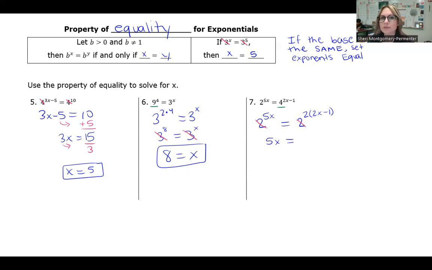And you know what I'm going to do as I rewrite the second one? I'm going to go ahead and distribute this in. So I get 2 times 2 is 4x, and 2 times -1 is -2. So now I have variables on both sides. Anytime that you have variables on both sides, which happens a lot on the homework, to decide which side of the equal sign you want to put the X's on, look for the bigger X. So I have 5 and I have a 4. 5 is bigger.